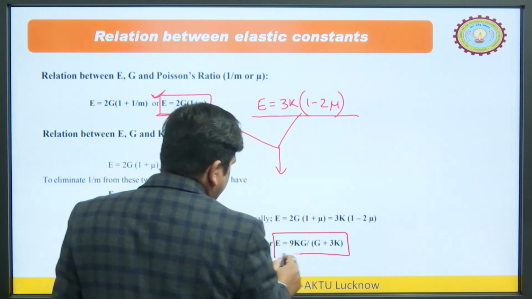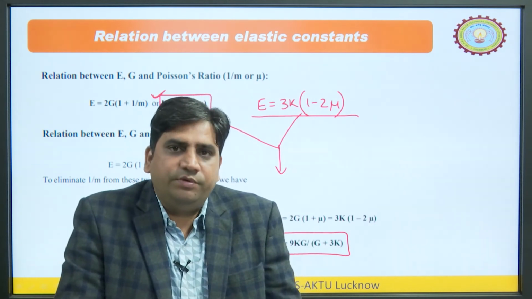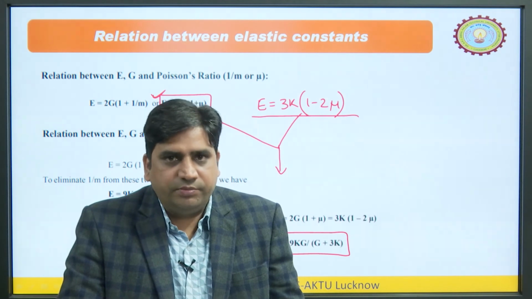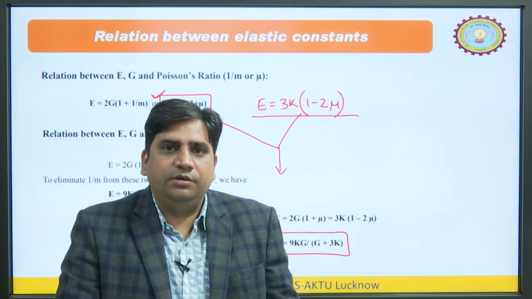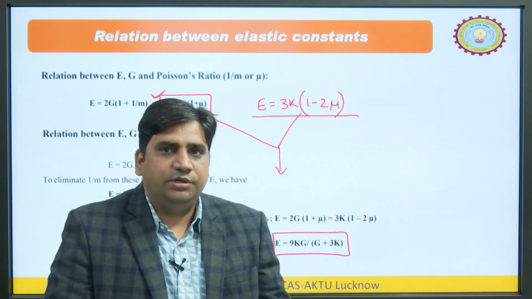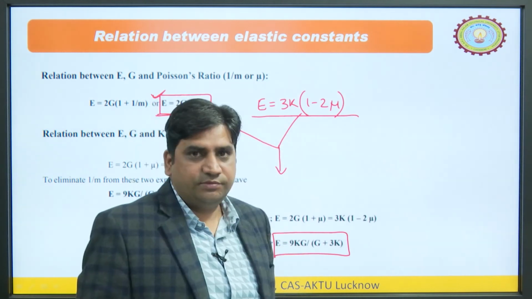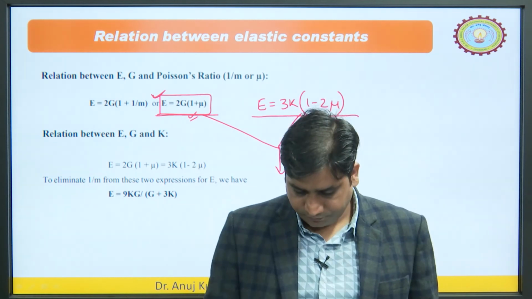This is the third relation. These three are the important relations between the elastic constants, on which numericals sometimes come directly, or we can be asked to derive the first relation, the second relation and this relation. We will cover this in the third lecture.